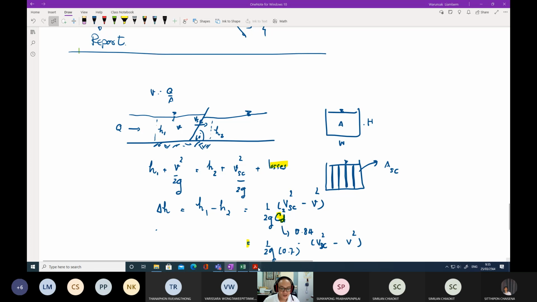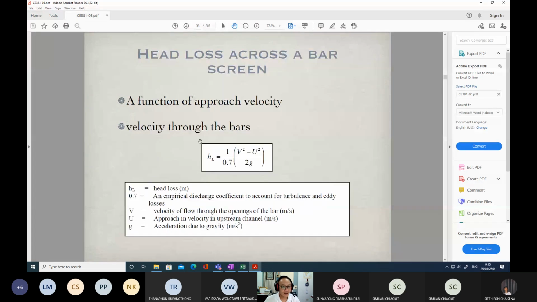So in the slides, you will find the water levels difference is equal to 1 divided by 0.7 times (V squared minus U squared) divided by 2g. V is the velocity through the openings of the bar, and U is the approach velocity.